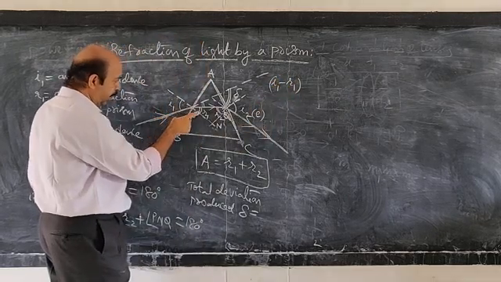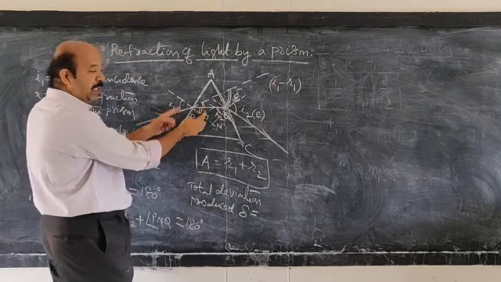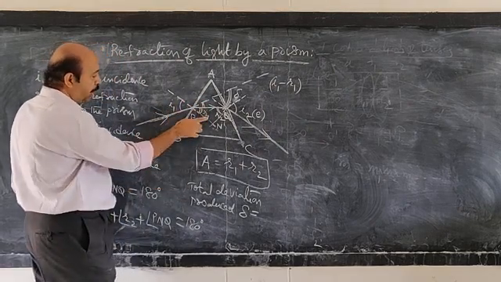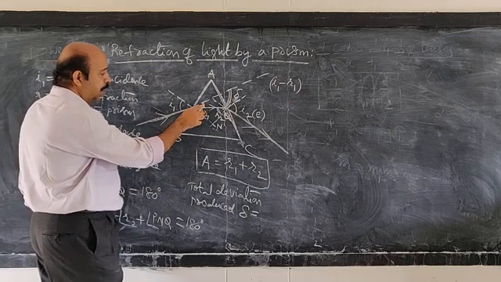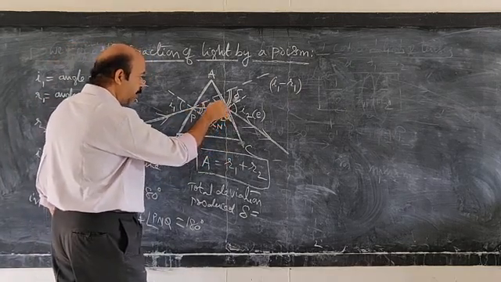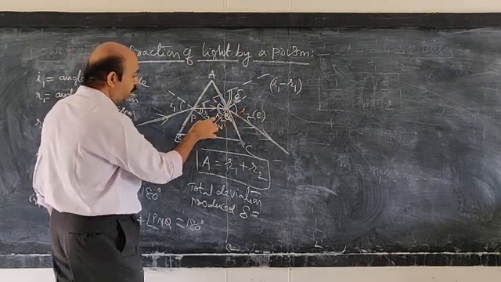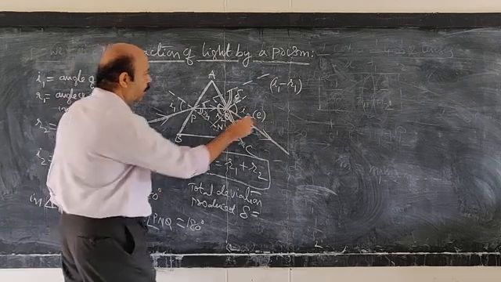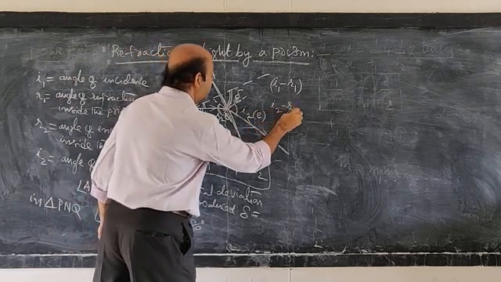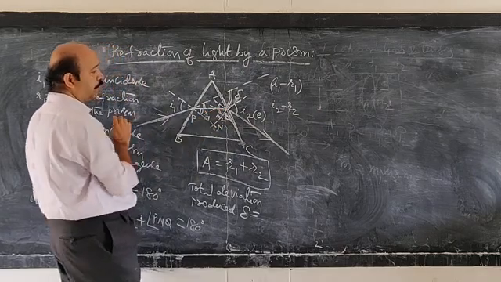This angle minus this angle gives you this, because these opposite angles must be equal. Similarly, the deviation produced here is given by I2 minus R2. That gives the deviation produced at Q.